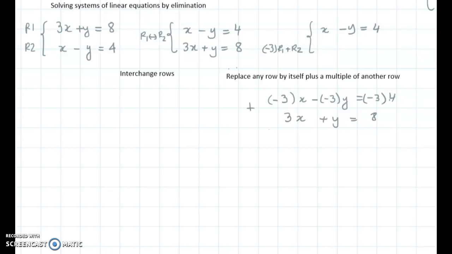So when I'm summing over here, I have negative 3x plus 3x, nothing. So we will write here 0x if we want. And then I have minus negative 3y, so 3y plus y, so that's 4y. And then we have negative 3 times 4, that's negative 12, plus 8, so this is negative 4.